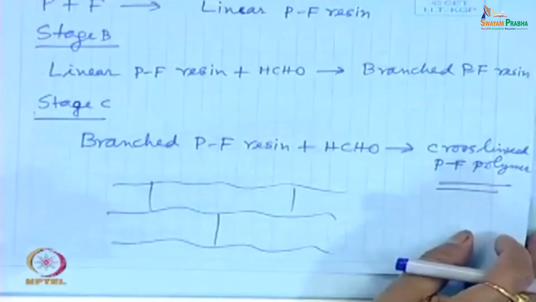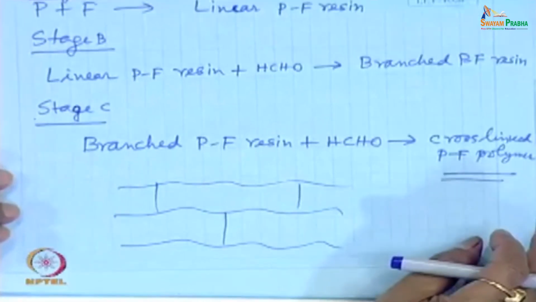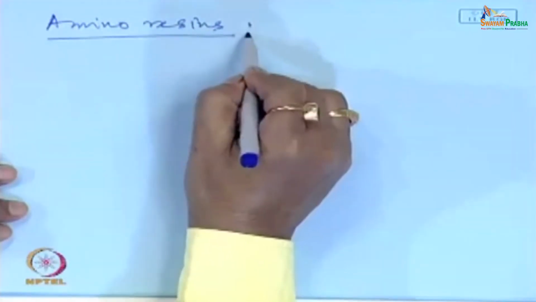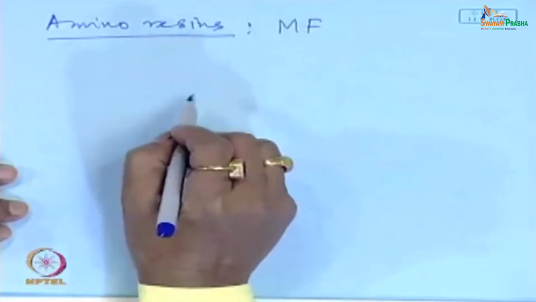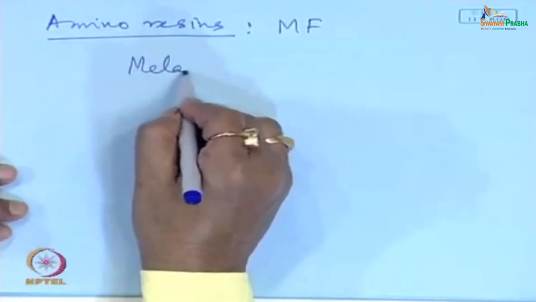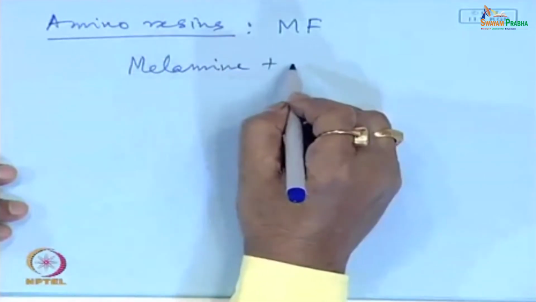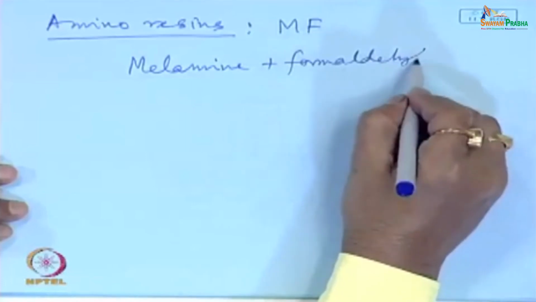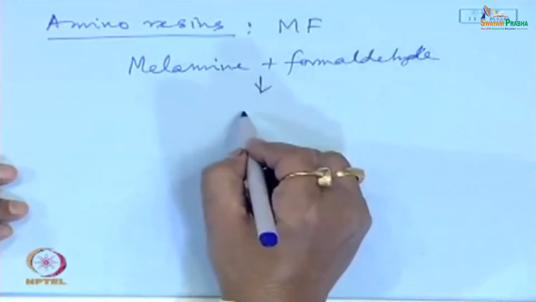So, this is PF. Similarly, we can have amino resins, melamine formaldehyde, melamine reacts with formaldehyde, we get MF.